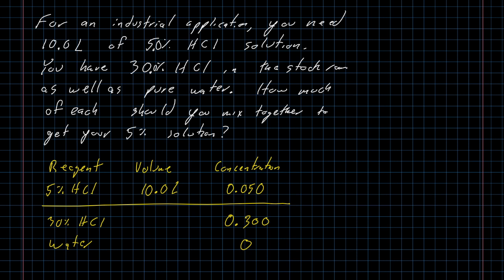But I might realize that however much of the 30% solution I use, let's call it x, I know that I need to end up with 10 liters. So subtract off the x of the hydrochloric acid, and that gives me how much water I need to add.